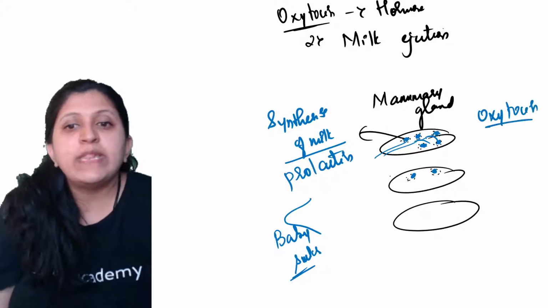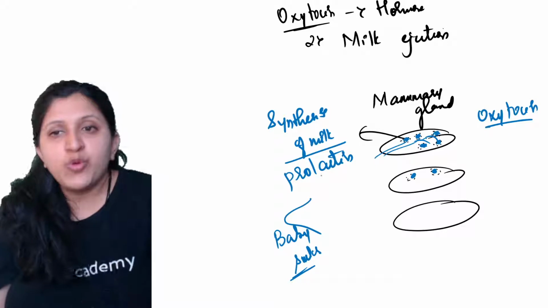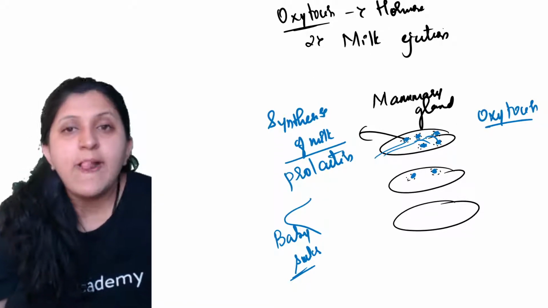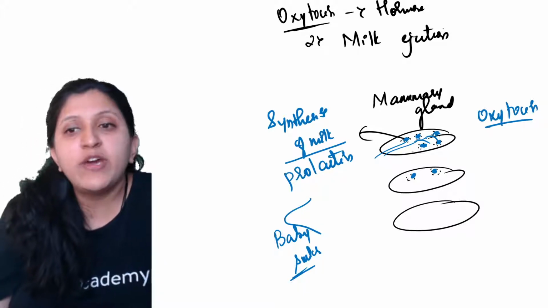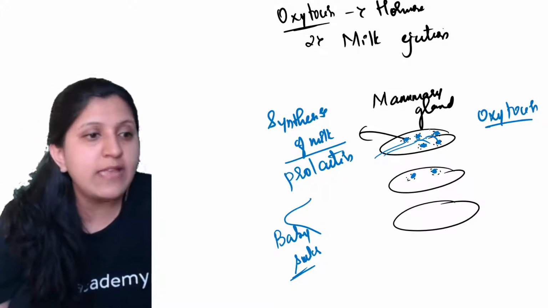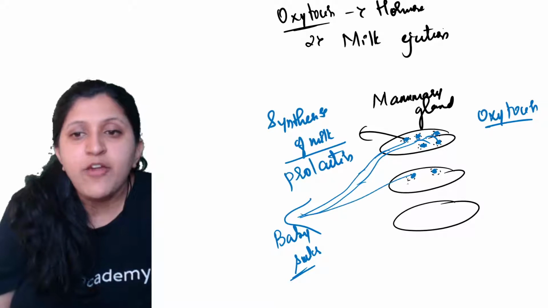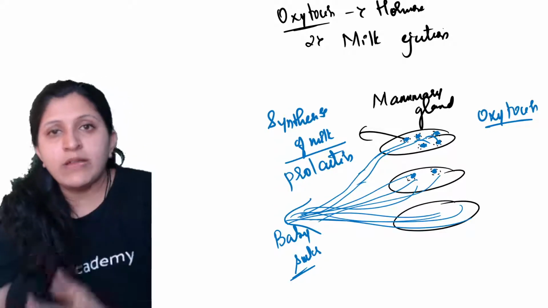When the baby sucks on to the mammary gland, that is the nipple, that is when the oxytocin hormone is released. As it is released, it makes sure that the milk in the alveoli reaches through the lactiferous duct from each of these mammary lobes.